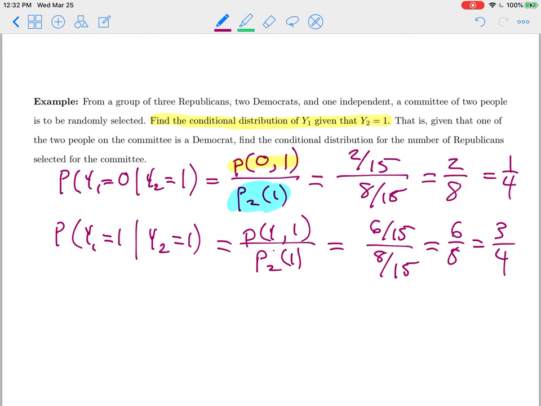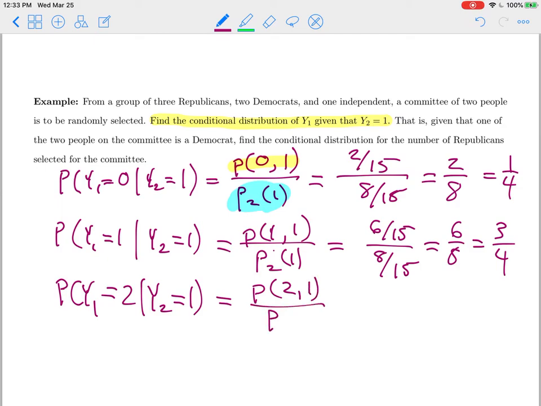You might notice at this point in time those two probabilities add up to 1, because the probability that we have two Republicans on this two-person committee, given that we already have one Democrat on the committee, is going to be equal to 0.